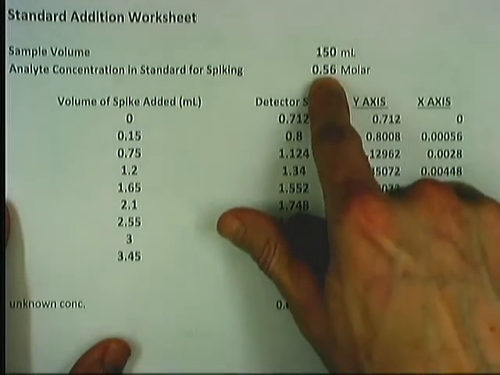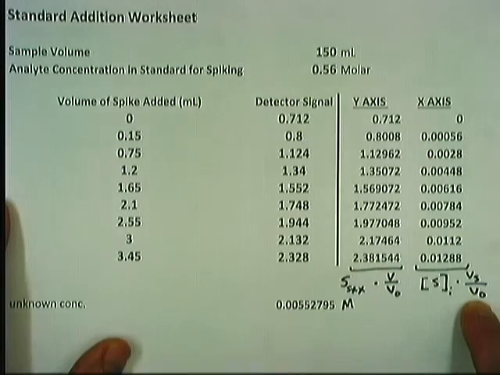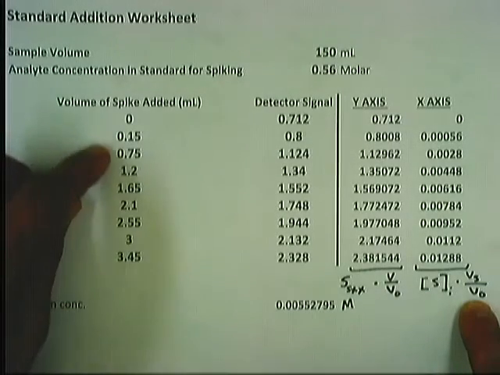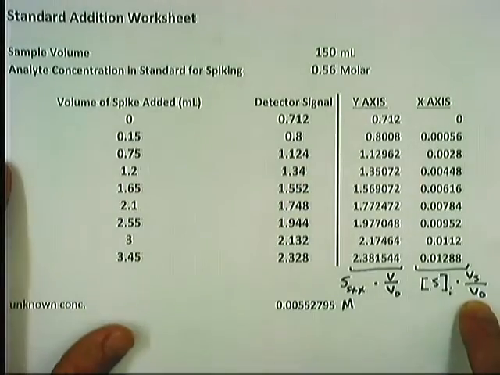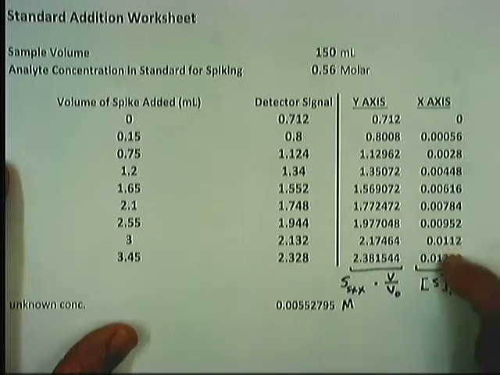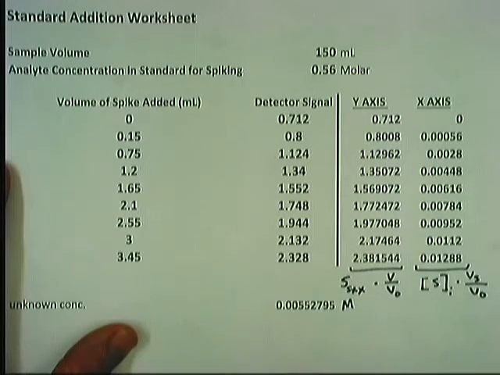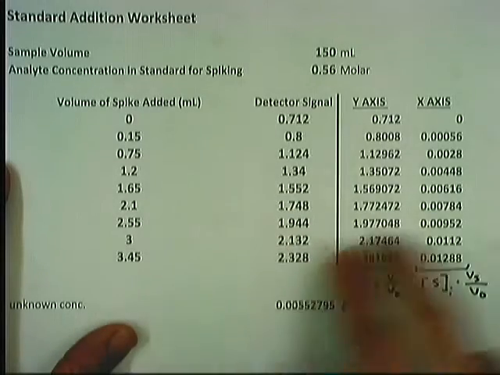So I multiply the 0.56 moles per liter, because that's my concentration, times this volume ratio, which is the volume of the spike, divided by V0, which is my 150. So notice that these numbers all get really, really small pretty quickly, because this is a pretty small number that I'm multiplying by the 0.56. Okay, so that's where these numbers come from. There's not really a magic to it. I just entered a formula, copied and pasted it down the column, used these data points to generate these numbers.